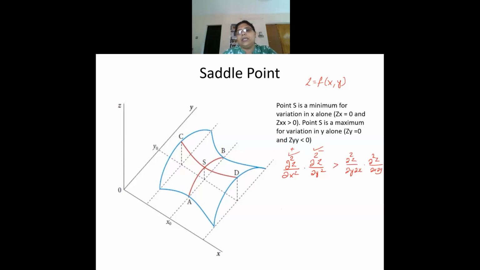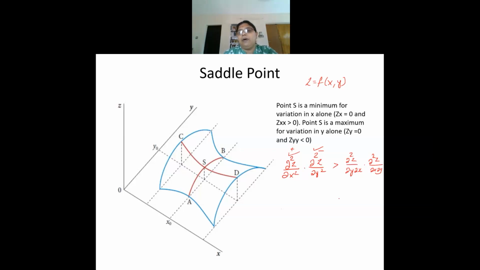Contrary to that, if dou squared z by dou x squared is negative, then dou squared z by dou y squared would be positive. So that is what we can say about a saddle point: the third condition would be violated. And in the case of a saddle point, if dou squared z by dou x squared is positive, you can expect dou squared z by dou y squared to be negative, and vice versa.